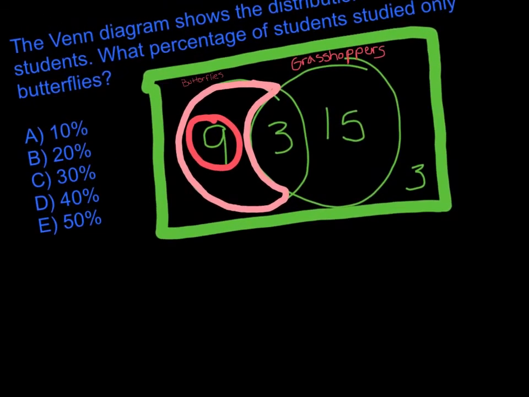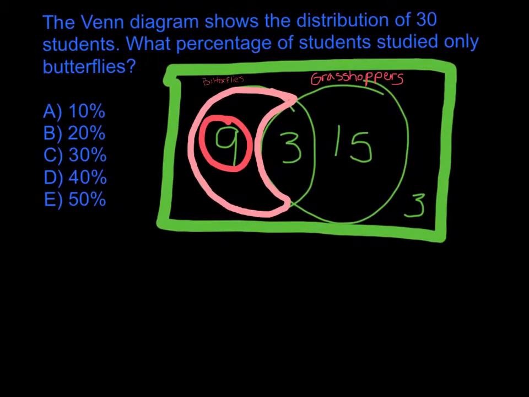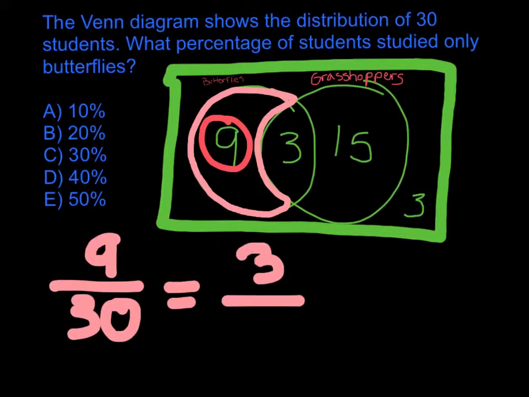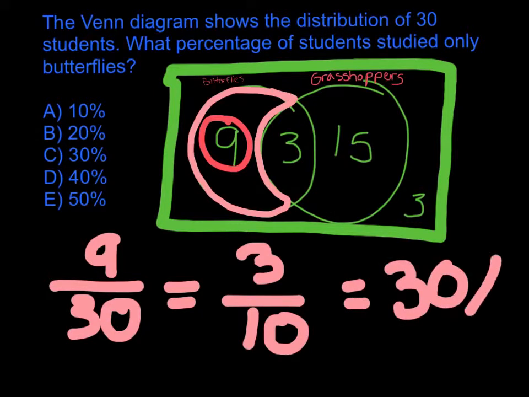Now that we have that number, let's do some simple math. 9 out of 30 is the same thing as 3 out of 10. When we simplify, 3 out of 10 is the same thing as 30%. Therefore, our answer is C, 30%. Now let's go on to a more difficult problem.